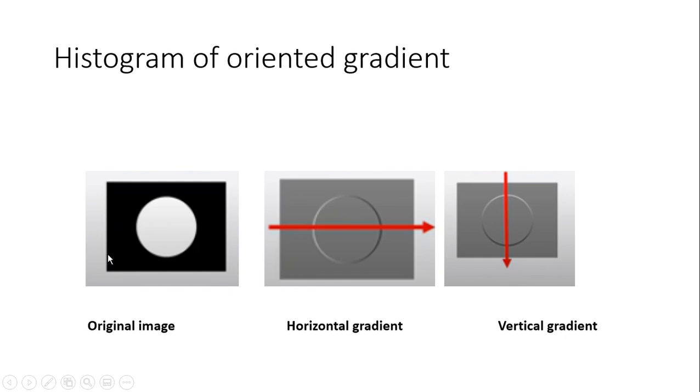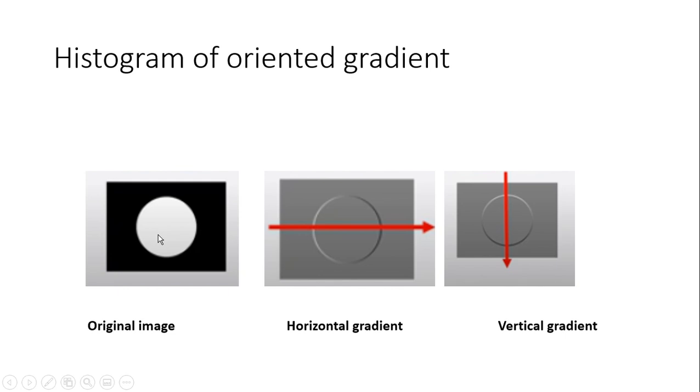How to find that? Starting from the left to the right, the black color in the original image represents the intensity equal to 0, and the white color intensity equal to 1.